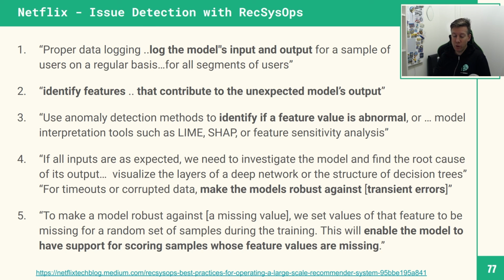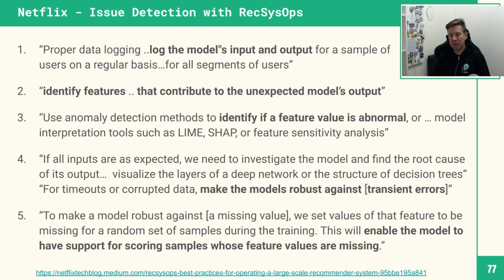And then number 4, if all the inputs are as expected, everything's good, we need to investigate the model and find out the root cause of its output. So then you may need, in some cases, particularly if you have deep networks and you're not sure what's going wrong, you might need to visualize the layers of a deep network. You might even have to visualize the structure of a decision tree.